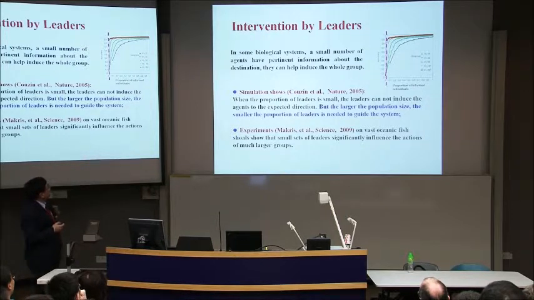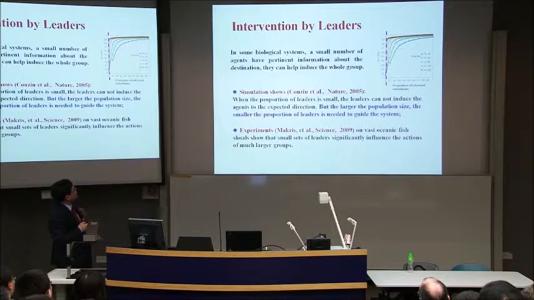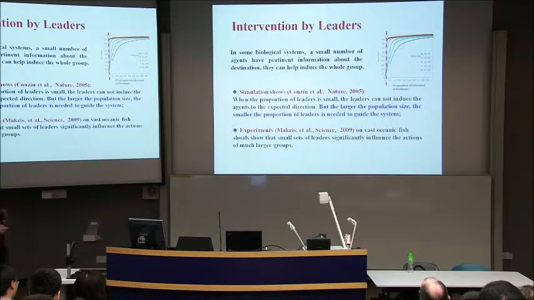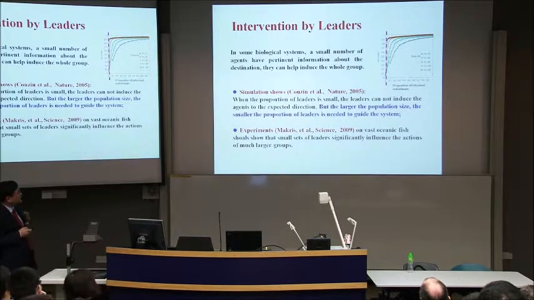In some biological systems, a small number of agents have pertinent information about the destination. They can help to induce the whole group. Here is a paper published in Nature. The simulation result shows that when the proportion of leaders is small, the leaders cannot induce the agents to the expected direction.